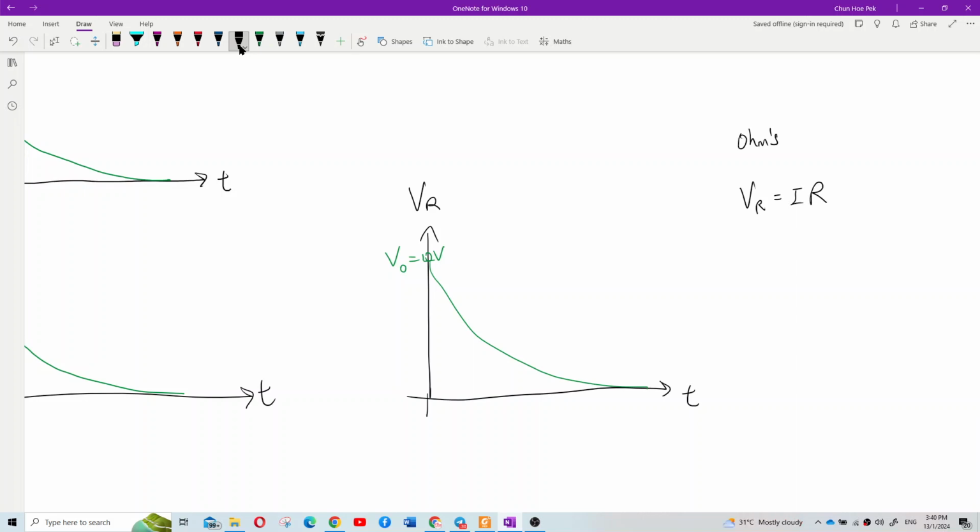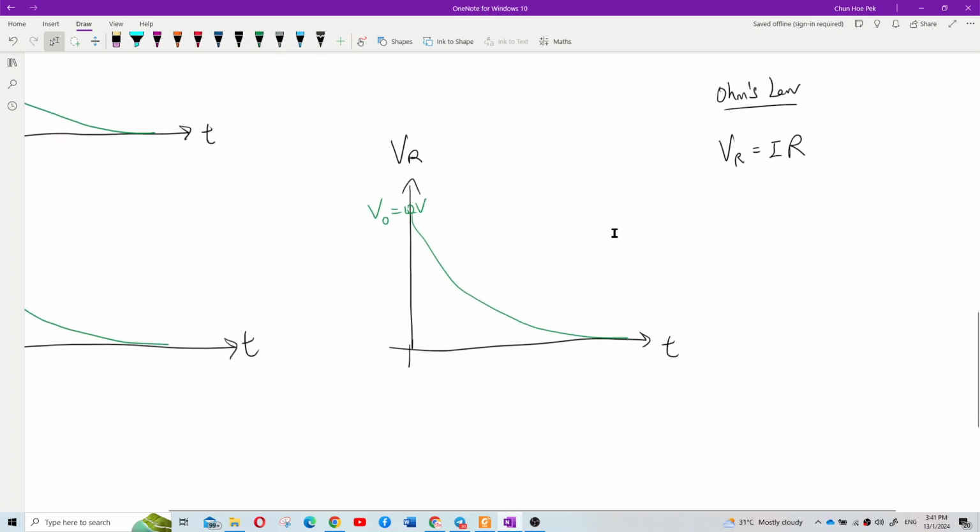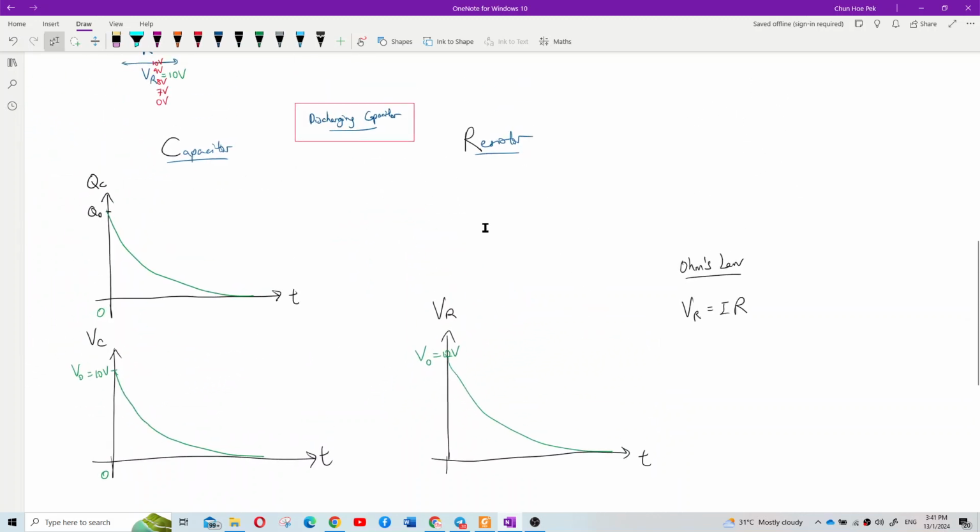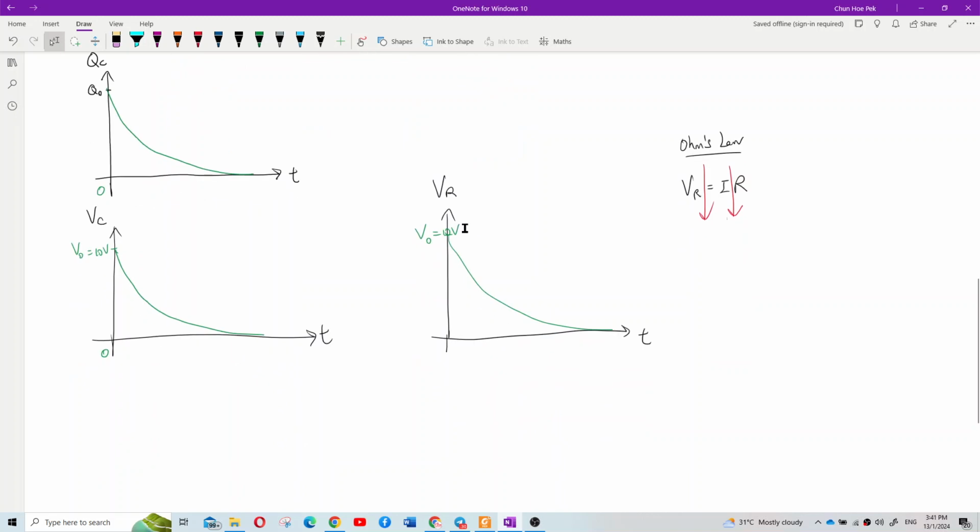Ohm's law. Okay. So in the discharging process, VR keeps decreasing. So what happened to the current? It also keeps decreasing. So it follows the graph of the resistor. Understand?